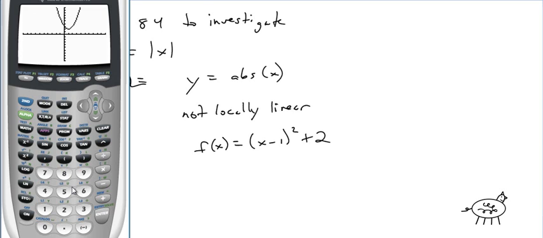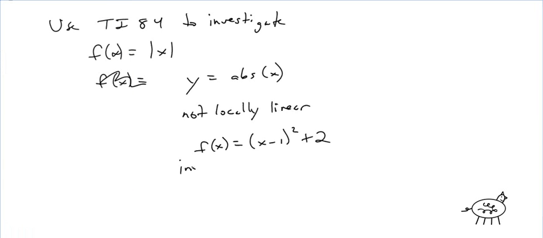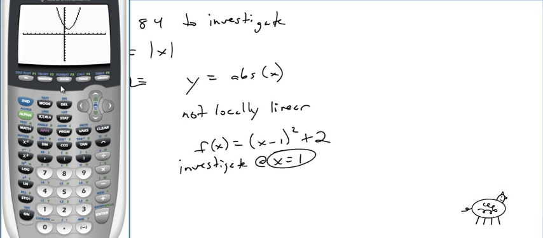What I want to do is investigate what's going on at x equals 1. Isn't that our main point? We're saying x minus 1 equals 0, so x equals 1. That's basically our vertex. So let's investigate at x equals 1. I want to make that my center point that I'm investigating.